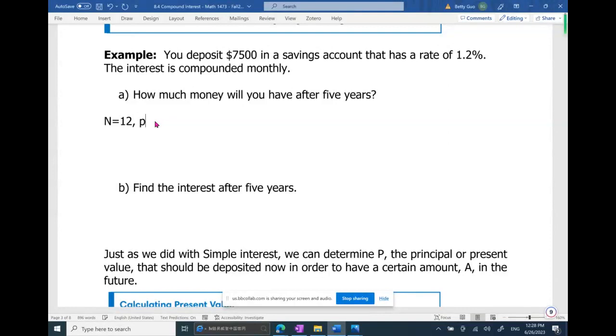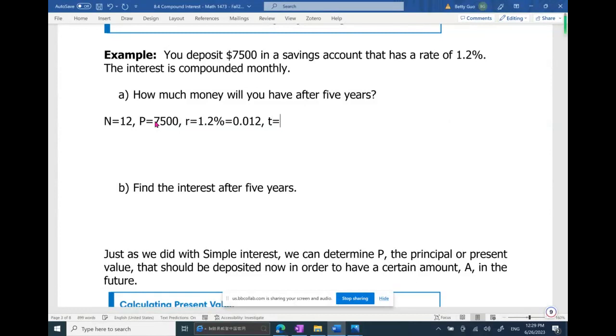Your original principal is $7,500. Your annual interest rate r is 1.2%. As a decimal, it is 0.012. That's all the information we have, right?